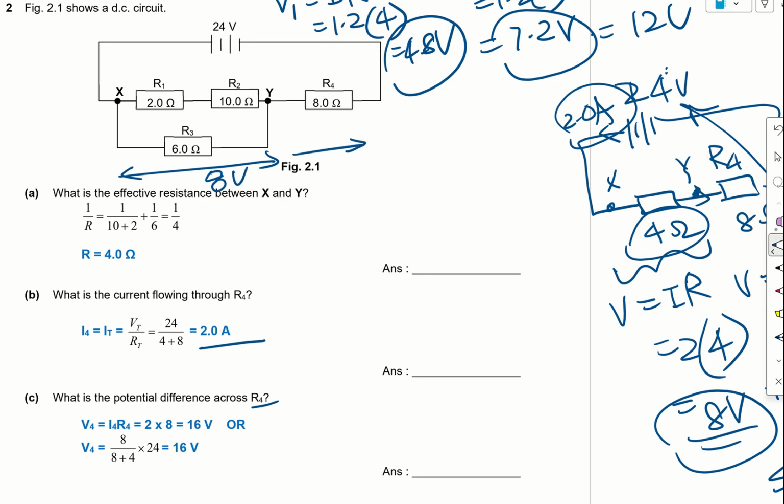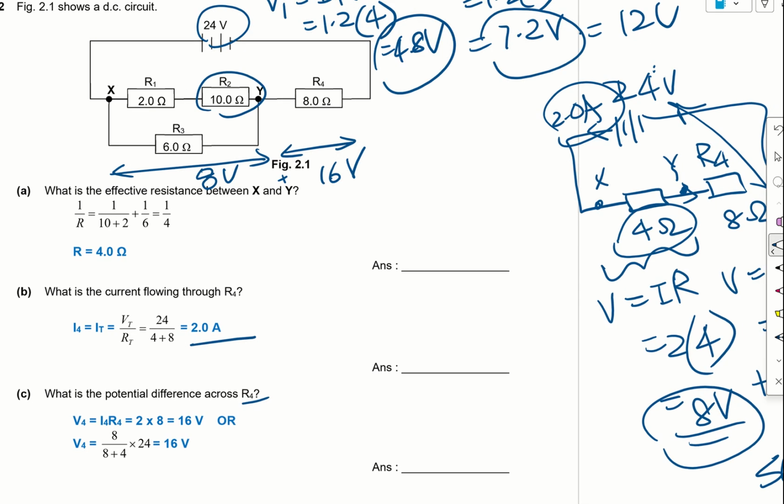Across this is 16 volts, and they add up to become 24 volts. So R2 is over here. Okay, so because in parallel the potential difference is the same, therefore I know that over here will also have 8 volts.